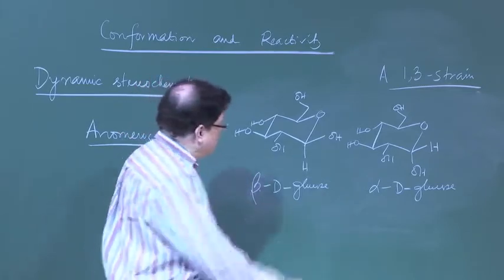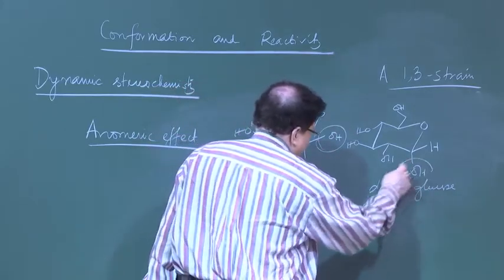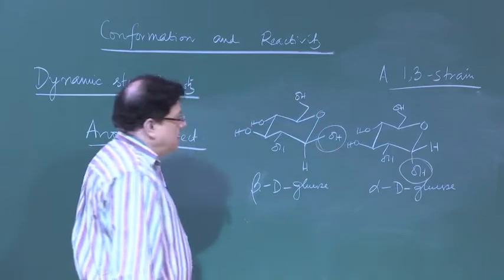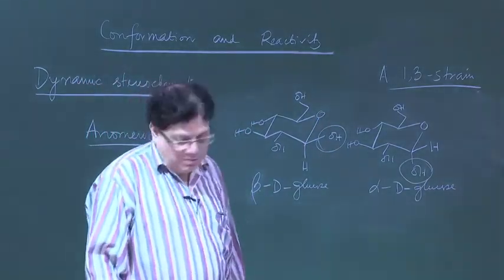Okay. So, that is understandable, this weight is equatorial and this weight is axial. We know that groups tend to assume the equatorial position preferentially.